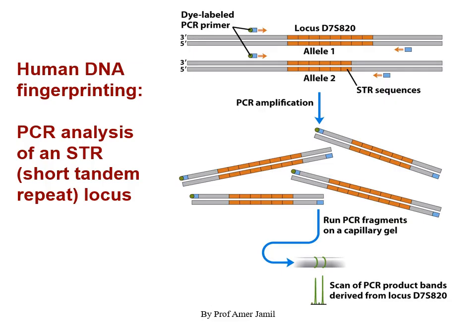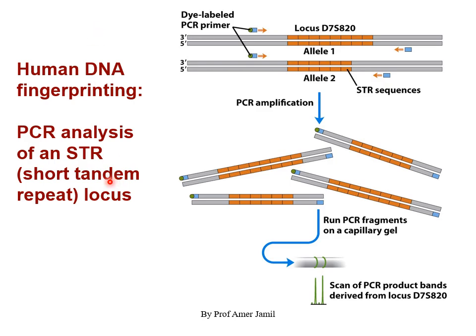No doubt RFLP is the first technique that was used for DNA fingerprinting, but that involves Southern blotting, which is quite a tedious process. So with the advent of PCR, certain other techniques which are based on PCR analysis have been developed for DNA fingerprinting, including human DNA fingerprints.